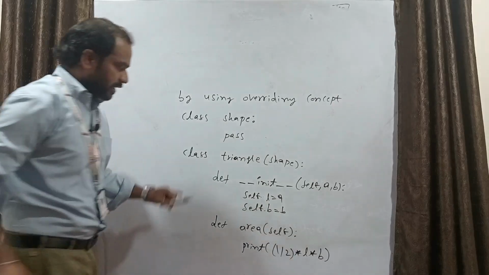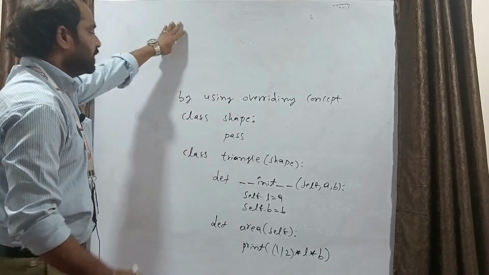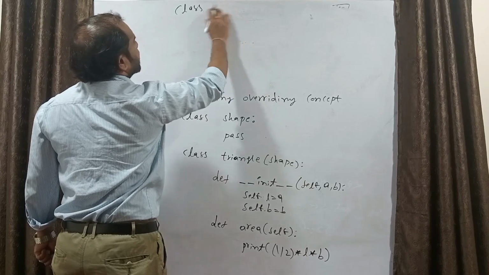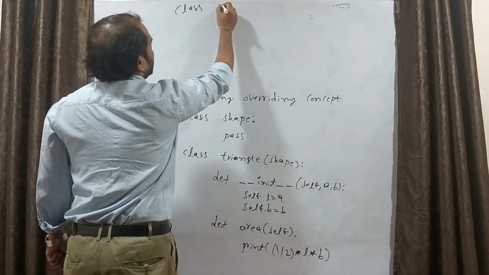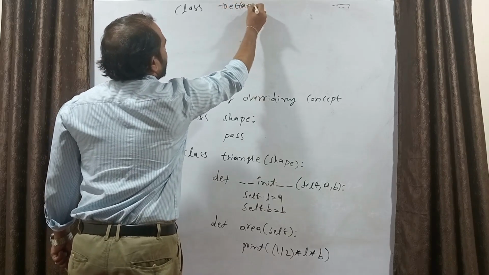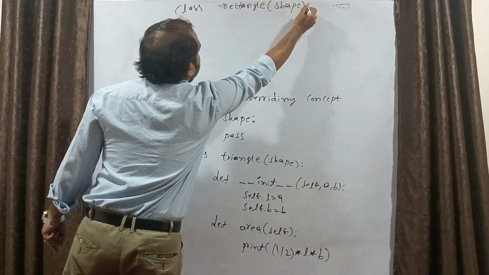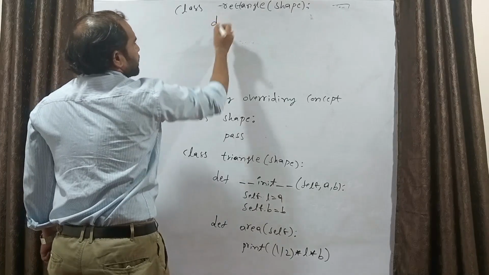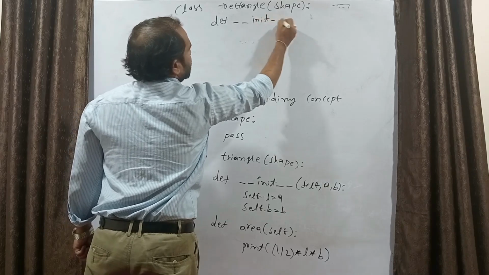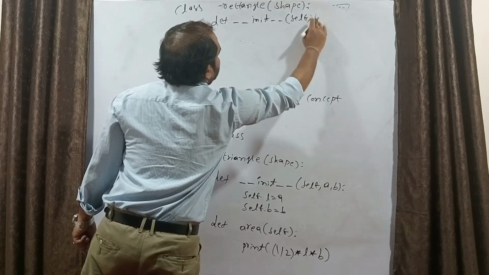In continuation, after creating the class Triangle, here I will create one more class, like a rectangle or square. Rectangle, which is inheriting the Shape class only. For the rectangle also, I will create a constructor with two attributes, width and height.